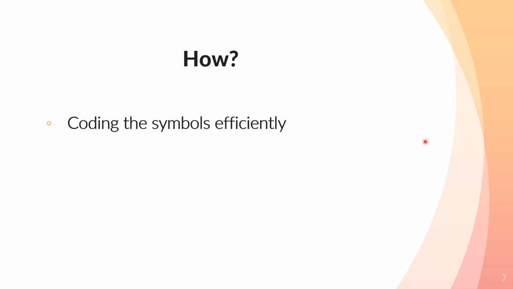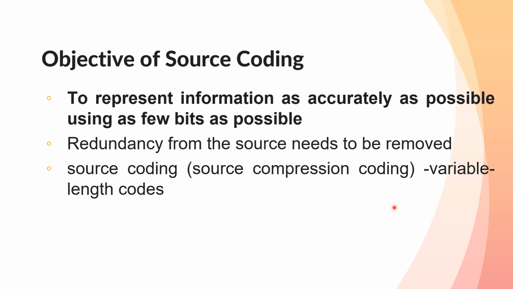So how is source coding done? The major part is the coding we use, whether it is Shannon-Fano coding or any other technique; the symbols are to be coded efficiently. The objective of source coding is to represent information as accurately as possible using as few bits as possible, so that the average length of the code is less and therefore better compression is achieved.